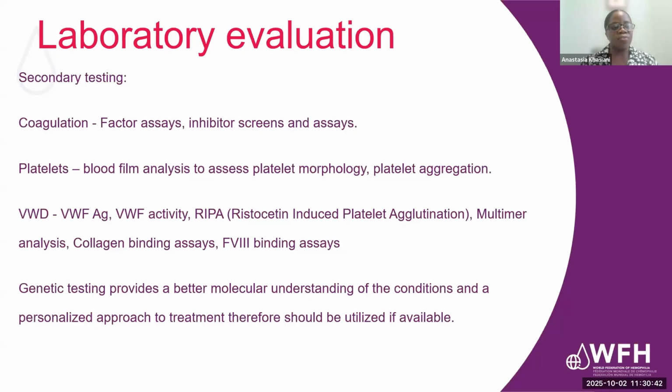And then if the mixing test identified the presence of an antibody, then you need to do an inhibitor assay if the history of the patient suggests that this could be a patient with hemophilia who may be developing an antibody. So you do the inhibitor assays to quantify the concentration of the antibody present.